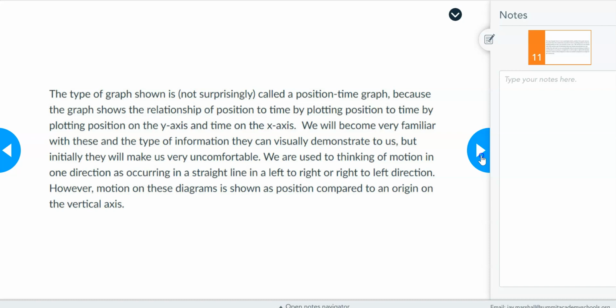We're used to thinking of motion in one direction as occurring in a straight line in a left or right direction. But motion on these diagrams is shown as position compared to an origin on the vertical axis. The farther away I am from my origin, the more vertical distance I have.